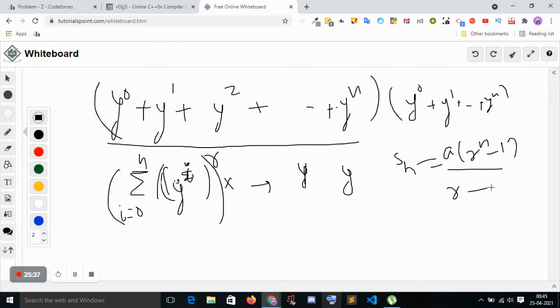Our first term is 1 because y to the power 0 gives 1, and r is our y. The total number of terms is n plus 1, and the denominator is y minus 1.